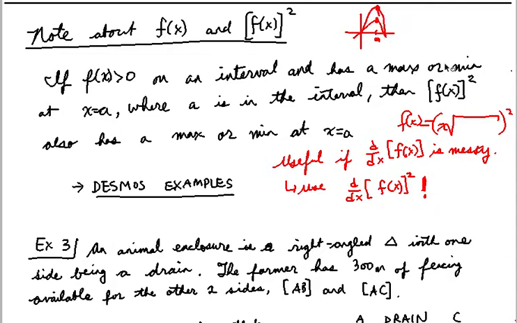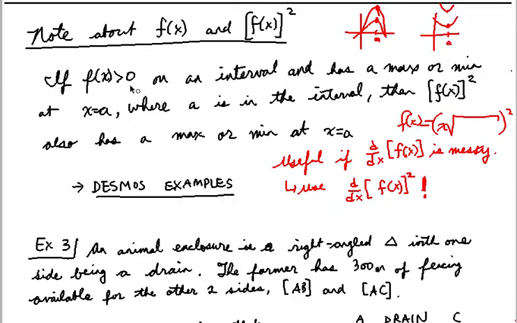The same goes for a minimum. If I square this number, which is bigger than this y value, it's probably going to be up here. So you might get something like this, where this is the squared function and this is the original function, and the maxima or minima would occur at the same x value.